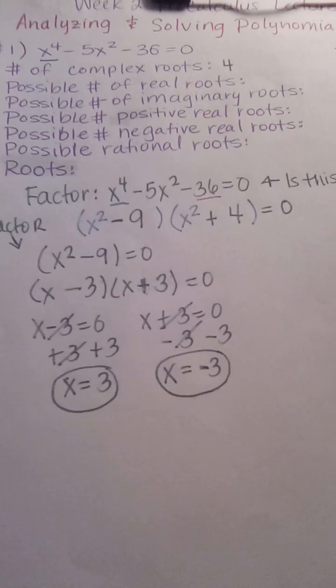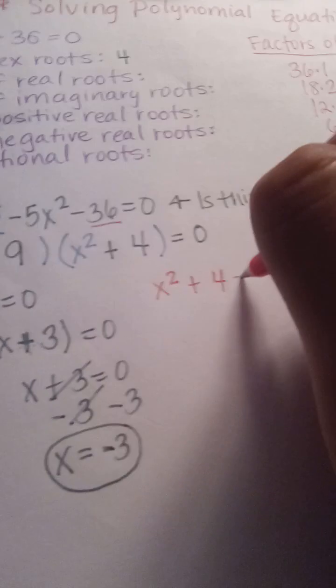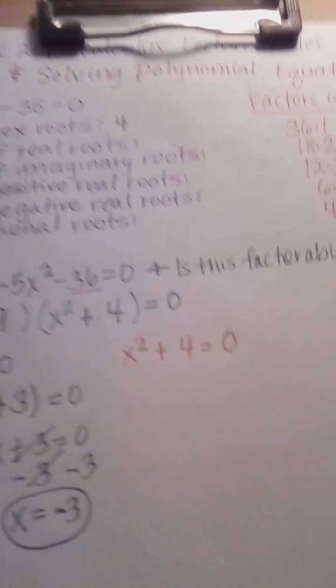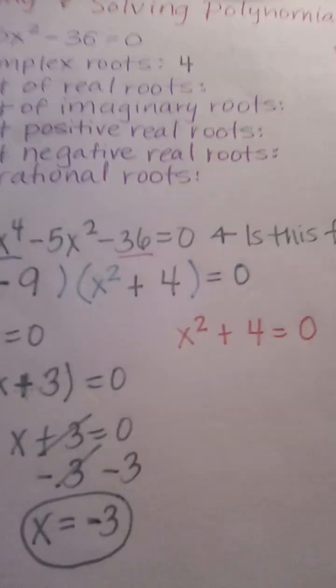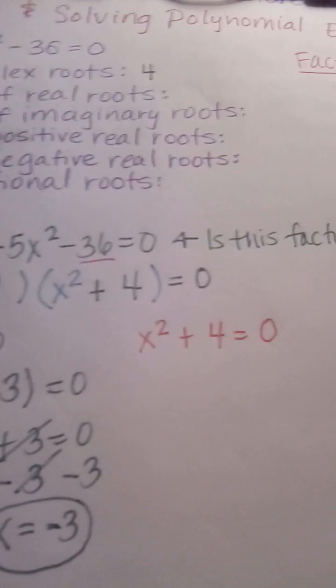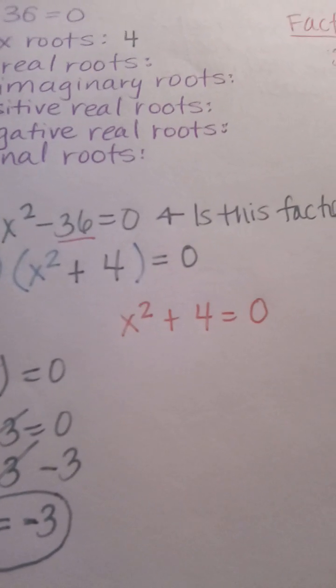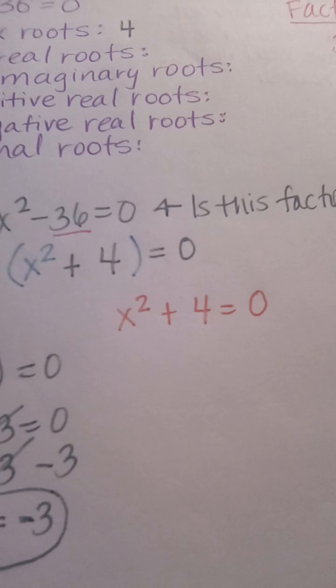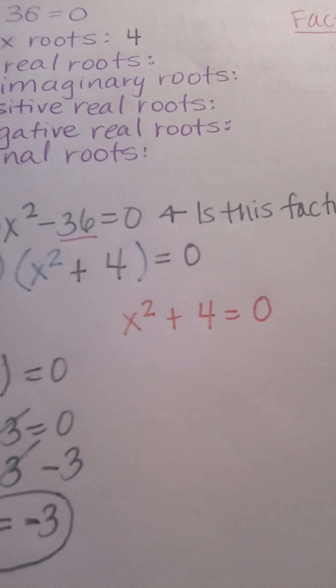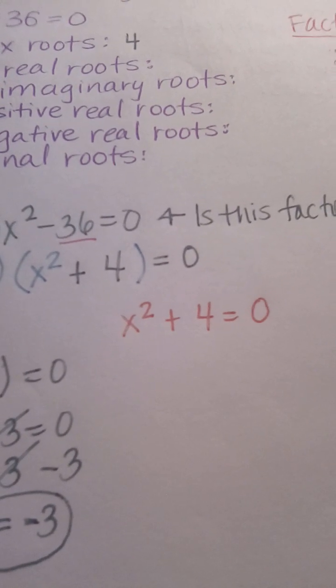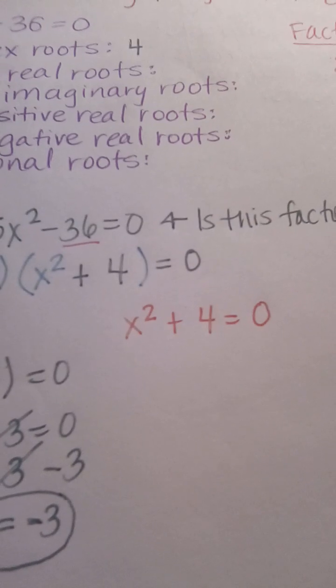Okay. All right. Let's focus on this part. I'm going to move this up just a bit. X squared plus 4. This is where it gets a little bit tricky at some point. I'm going to tell you why. We know 4 is the square root, of course, right?